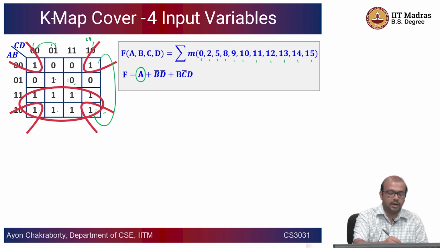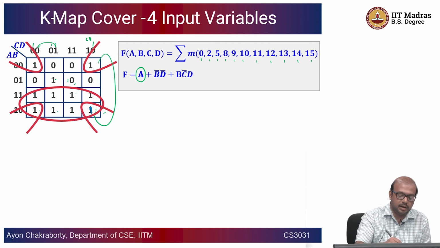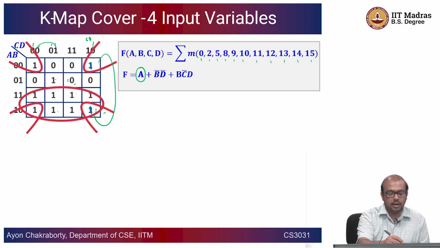Let us concentrate on this one and this one. What is the common column name here? This is C D bar, C is equal to 1 and D is equal to 0.